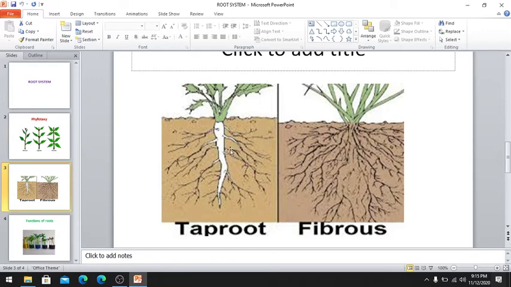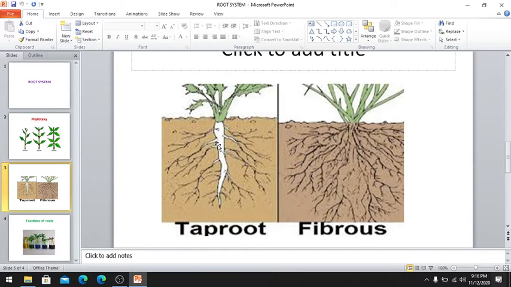Not only that, sometimes they also store food. Actually, food is not stored as such. When the leaf prepares food, the plant utilizes it for its purposes, and then the extra food is stored in the form of fruit. But in some plants, the roots even do the storing function.